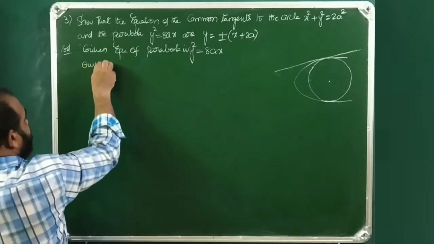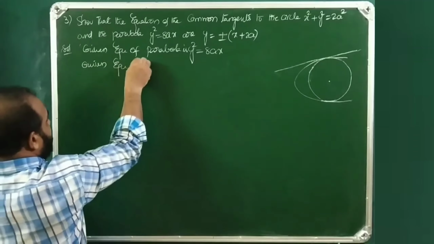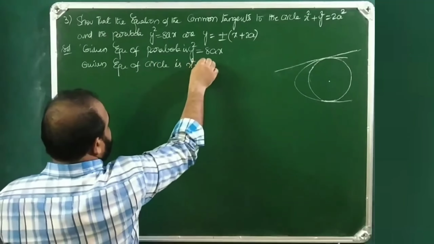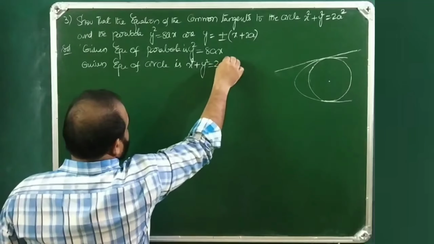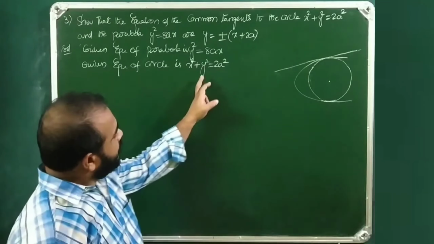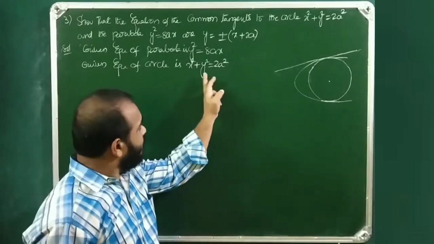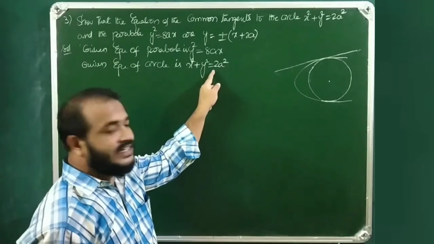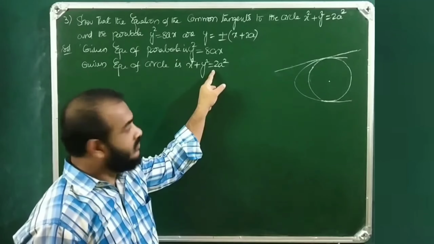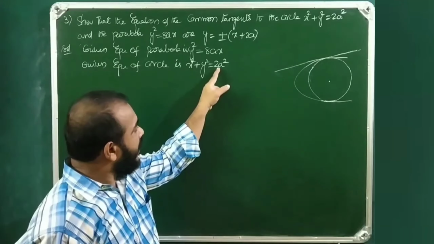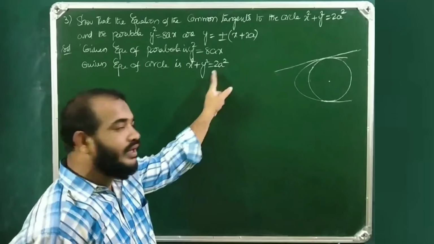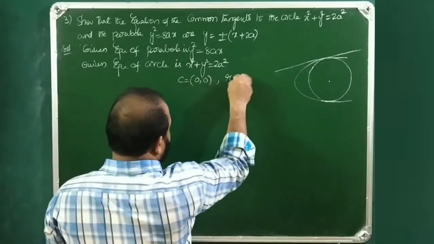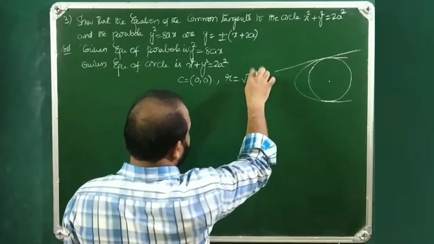Given equation of circle is x square plus y square equals to 2a square. So this is clearly of the form x square plus y square equals to r square. Therefore, its center is at the origin and radius r square is 2a square, r equals to root 2a. Center C equals to 0, 0. R equals to root 2a.